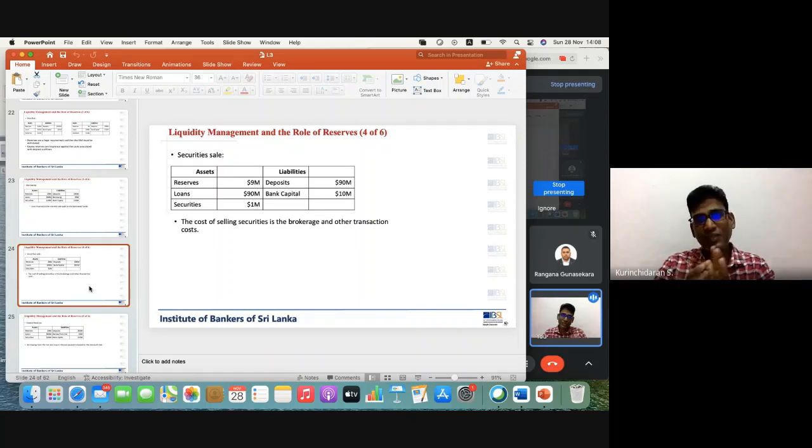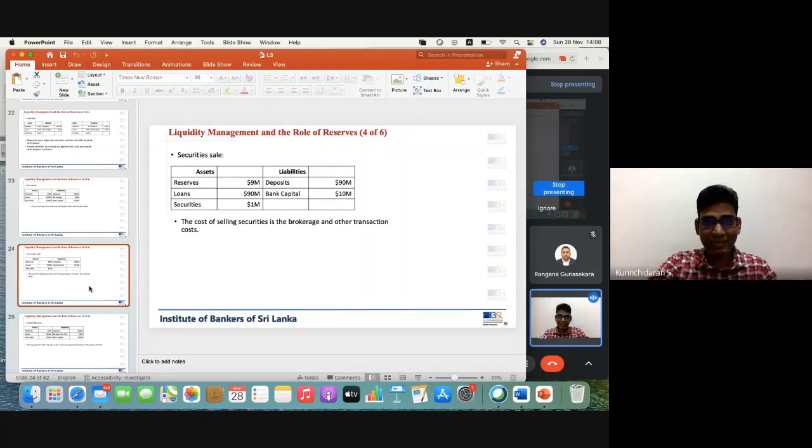Or rather than borrowing, if you want to replenish your reserves, you can sell securities. In the previous balance sheet, you had 10 million in securities.